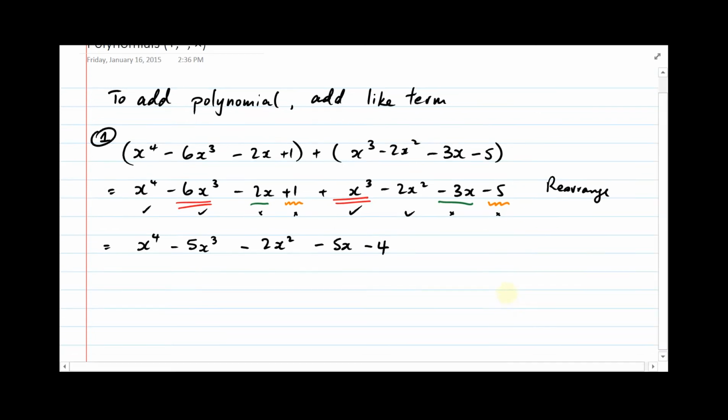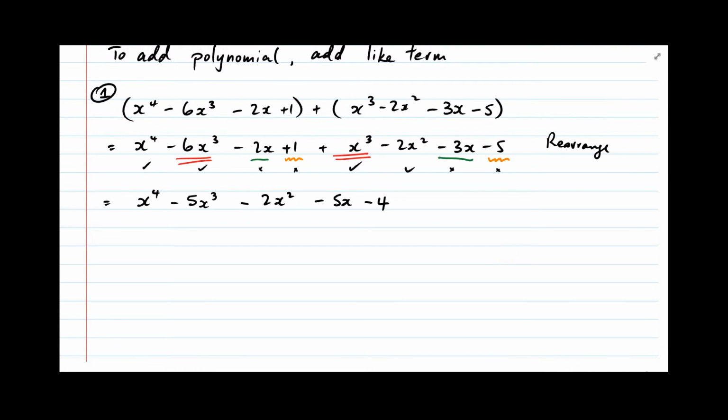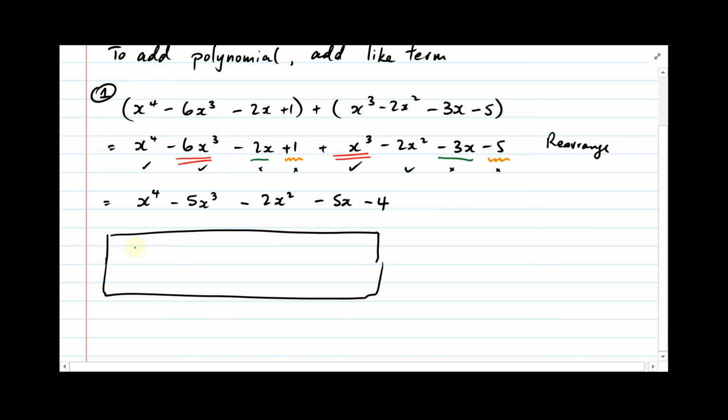Now there's a second way of doing this addition. Just as from an arithmetic point of view, if I gave you 17 plus 25, you should be able to do it in the horizontal form, which is what we just did up there. 5 and 7 is 12, carry 1, 2 and 1 is 3, and 1 is 4.